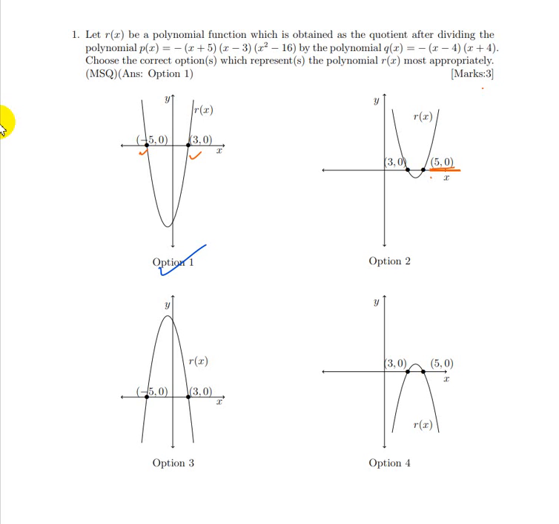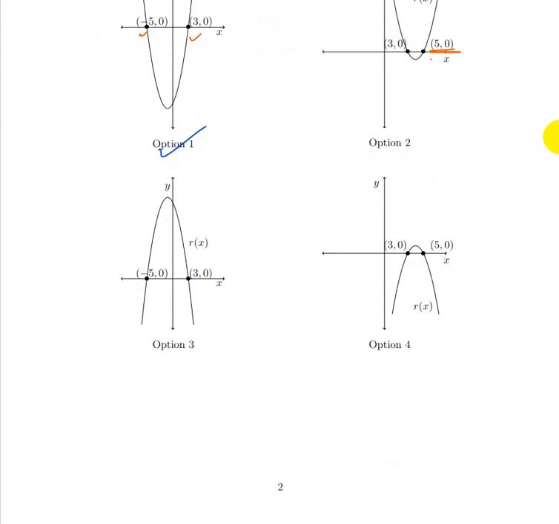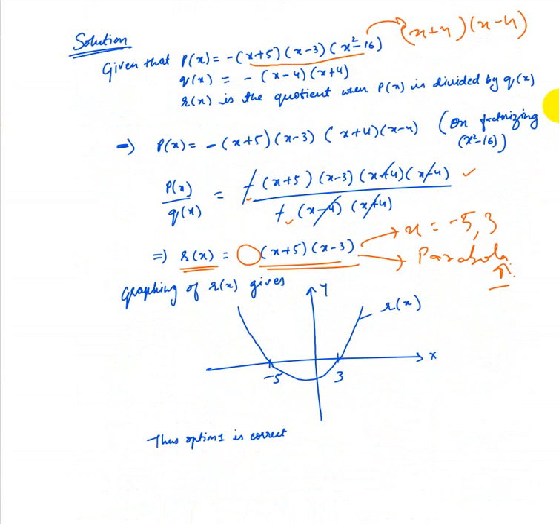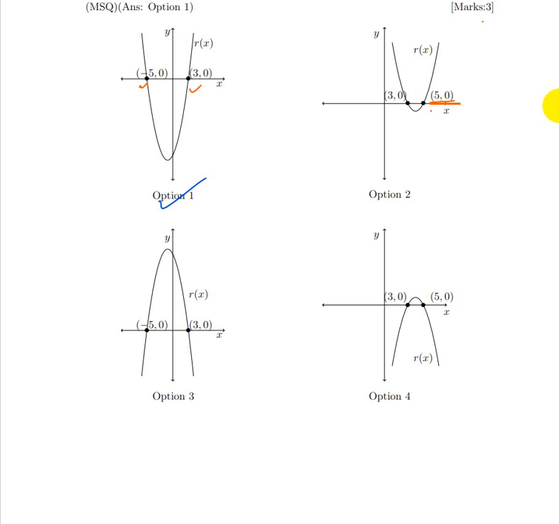That would have been the case if we had a minus sign in R(x), which we don't. It has no minus sign, so it would be an upward parabola. So this option is eliminated, and the only correct answer is this.